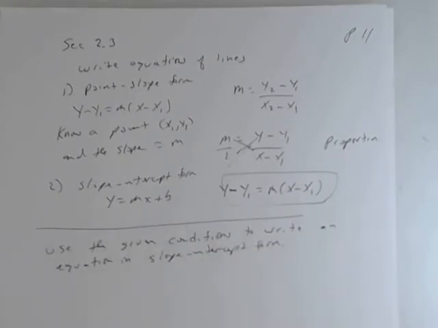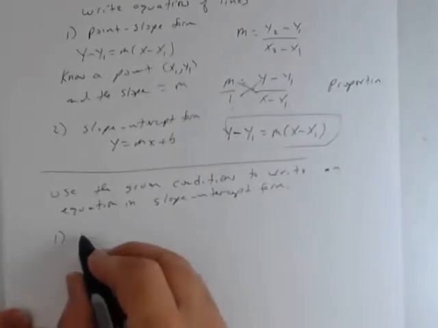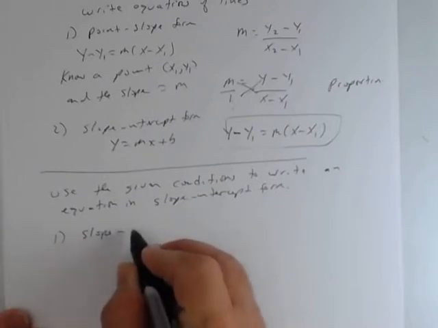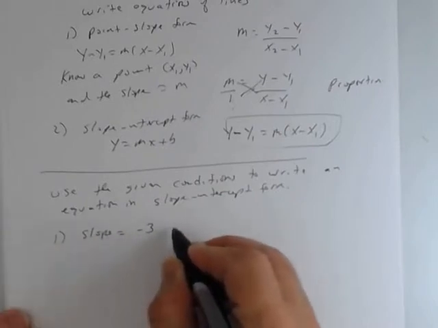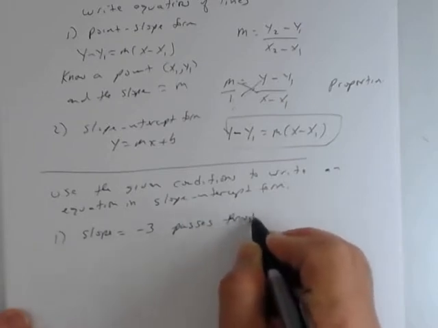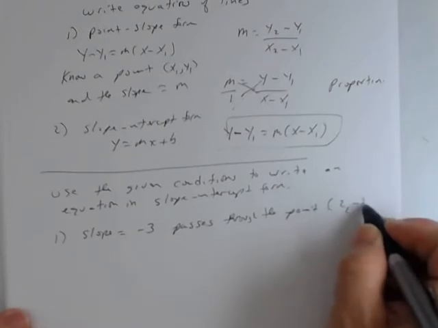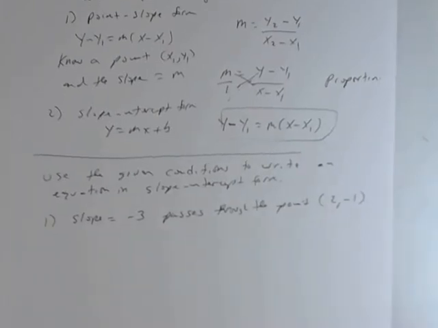Okay, now here's the process you're going to go through. So here's the first one. Let's say that the slope is -3 and passes through the point 2, -1.